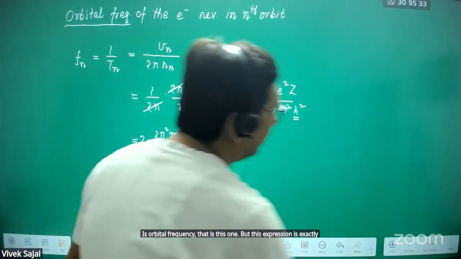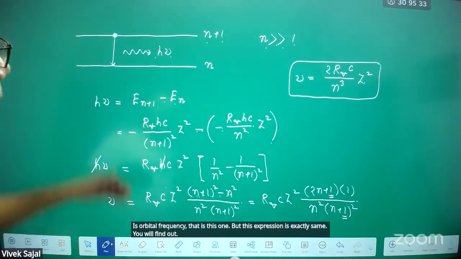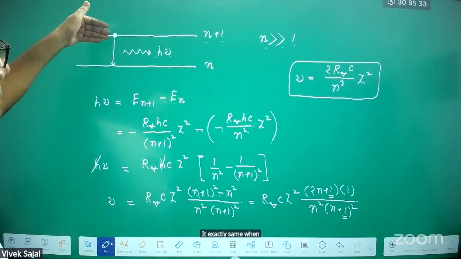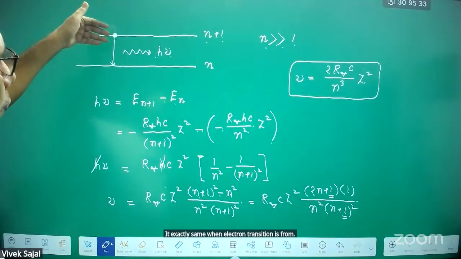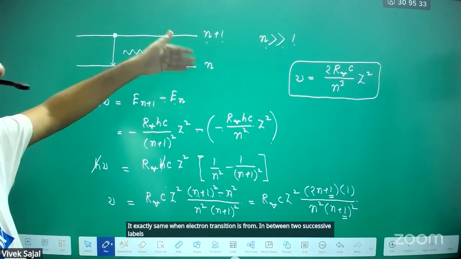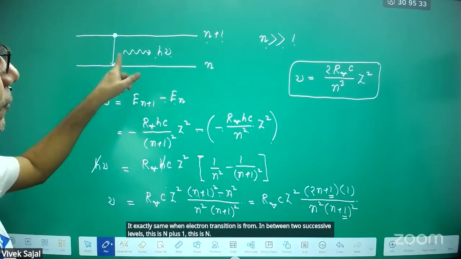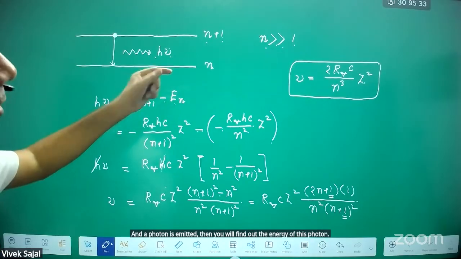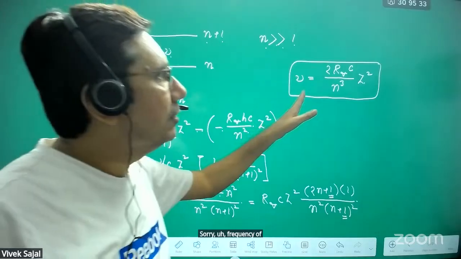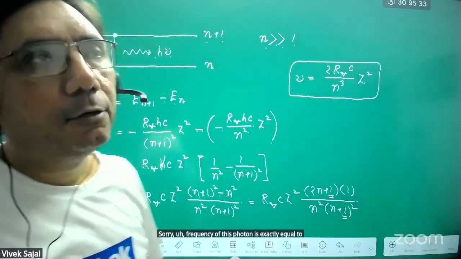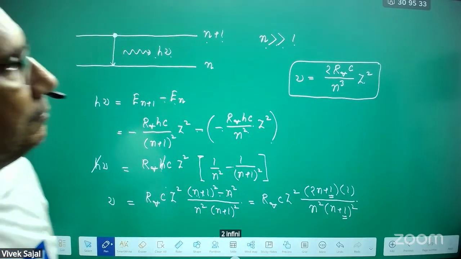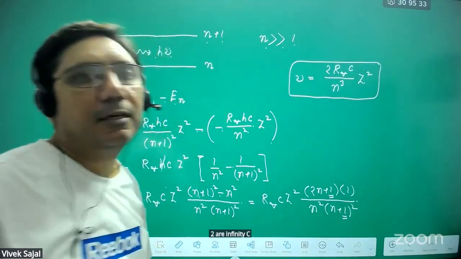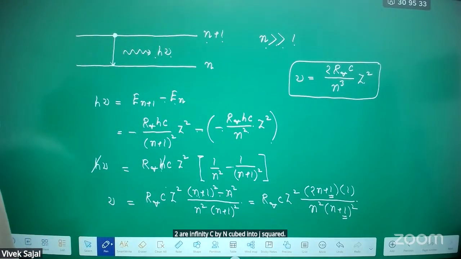You will find it exactly same when electron transition is between two successive levels, n plus 1 and n, and a photon is emitted. Then the frequency of this photon is exactly equal to this, 2 R infinity C by n cube into Z square. ठीक है, this will be the frequency.